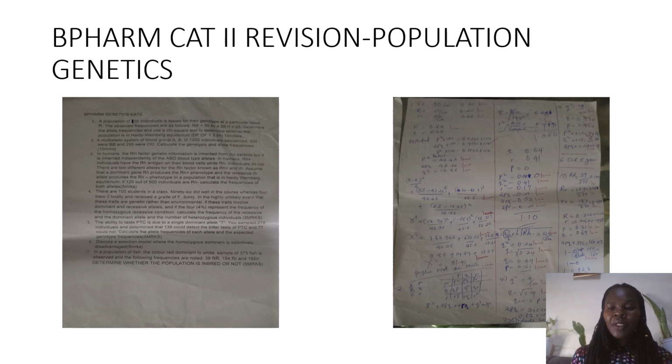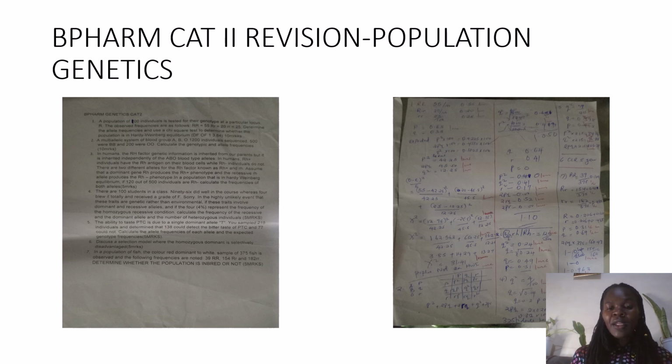Remember, p will always represent the dominant allele and q represents the recessive allele. So for p, we'll get 0.65 because 0.55 is purely homozygous dominant, but the traces of the dominant allele are in the heterozygous, so you do half of the heterozygous. Half of 0.20 is 0.10, and if you add it to 0.55, you'll get 0.65.